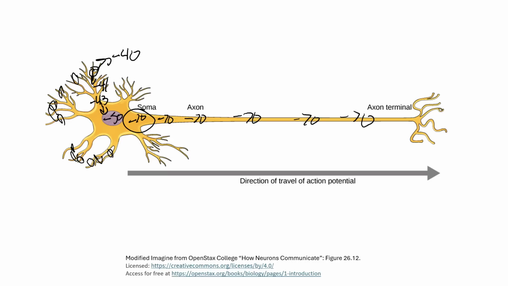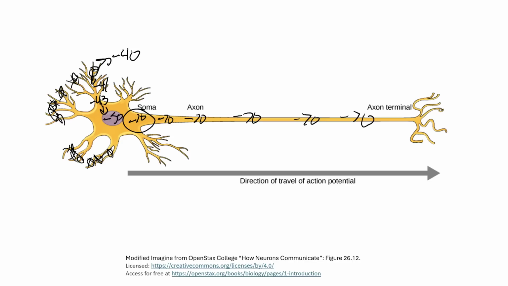And since the presynaptic axon terminal buttons are all releasing excitatory neurotransmitters, that means those excitatory neurotransmitters are going to bind to ligand-gated channels on all of these thousands of different dendritic regions.